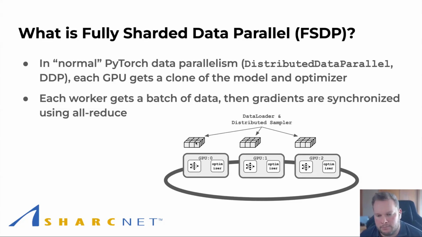So a batch of data comes into a rank, goes through the forward pass, the backward pass, and then the gradients are all accumulated and synchronized across all of the ranks so that our models stay in sync as we move through batches of data.